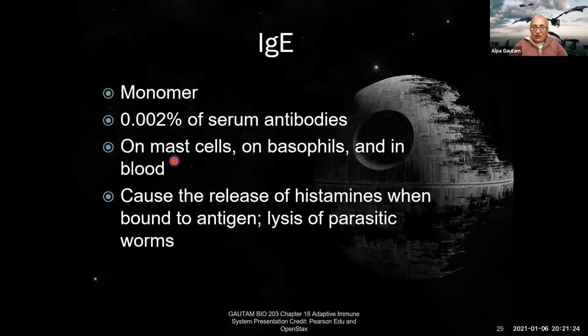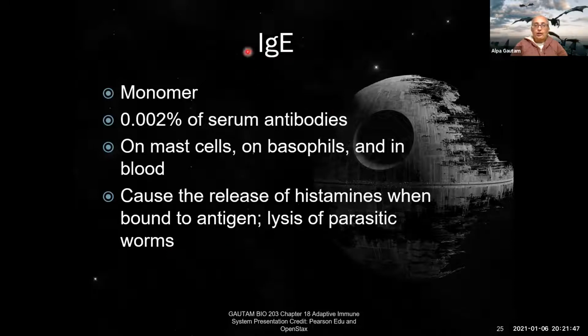When the IgE gets activated, it causes the release of these vesicles, so you have histamine present. Histamine causes vasodilation. That's why IgEs are involved in allergic reactions, right? So it causes the release of histamines.